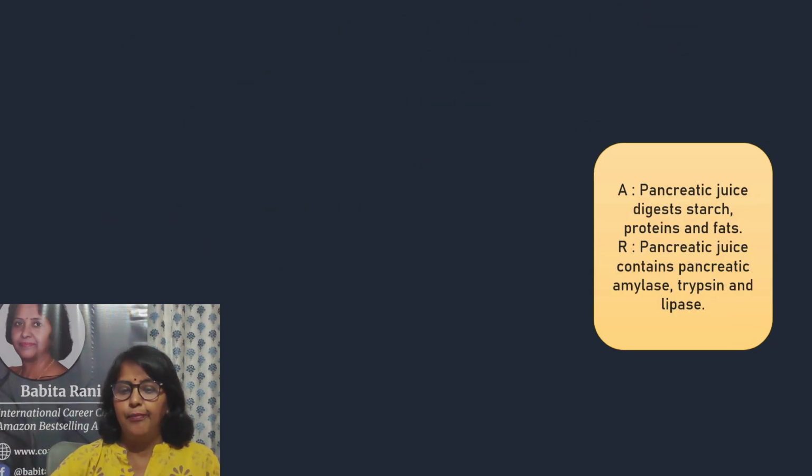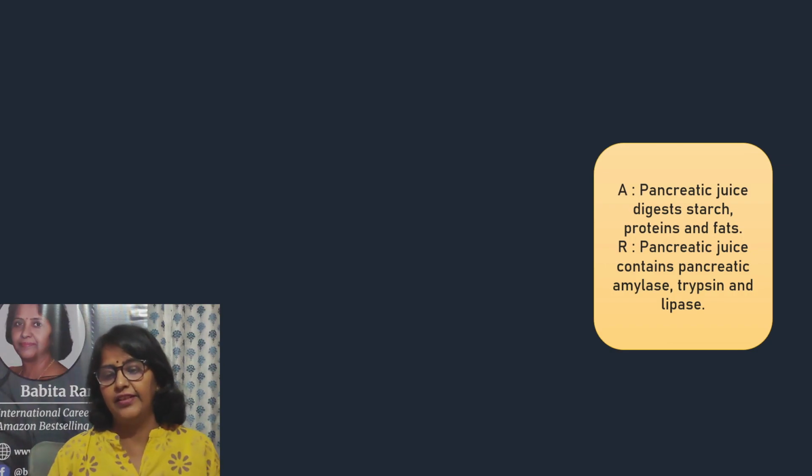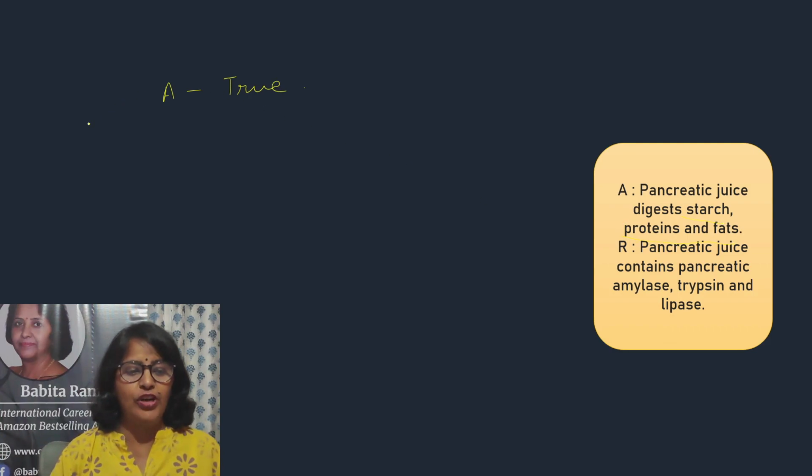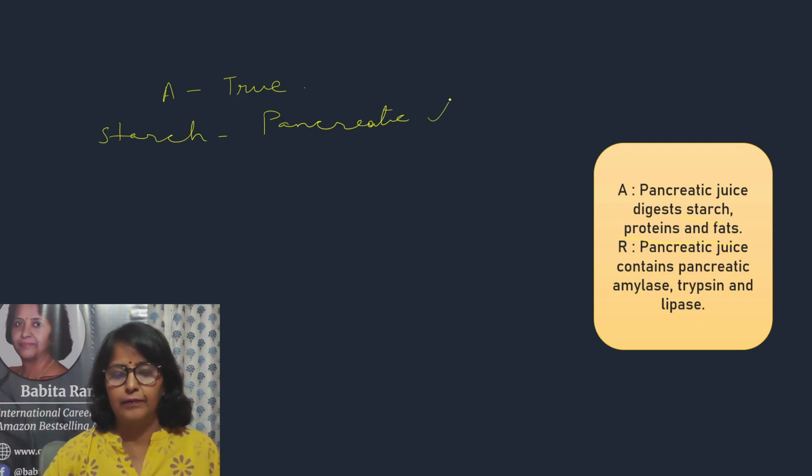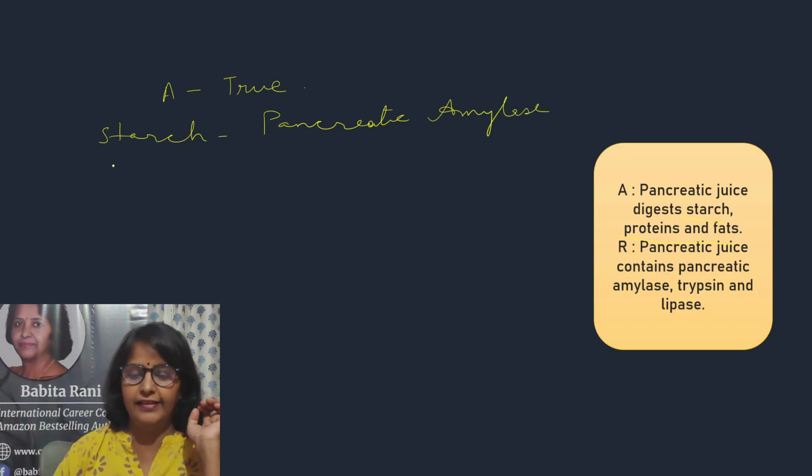Next question is, pancreatic juice digests starch, proteins and fats. So this is the assertion. True. Why does it digest all? How does it help in digestion of all the three? Starch, proteins and fats. For starch, it contains pancreatic amylase. But digestion takes place in intestine.